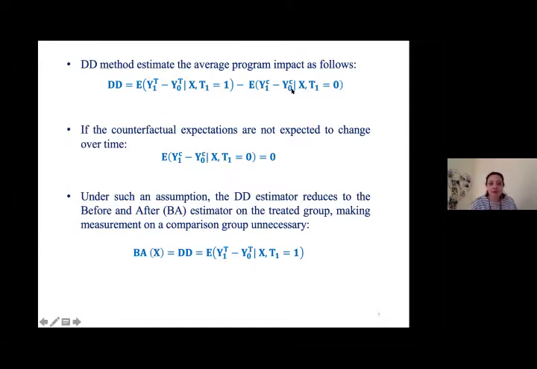If our strong assumption is verified, this term will be equal to 0 and we will not have any problem. If we have the strong assumption and unobserved characteristics are not affected, we will exclude this term. And in this case, our estimator or our impact of the program will only be the difference between the outcome of interest of households after the implementation minus before the implementation, okay? But this is not true. This difference is not equal to 0, so we cannot simply use the first difference.